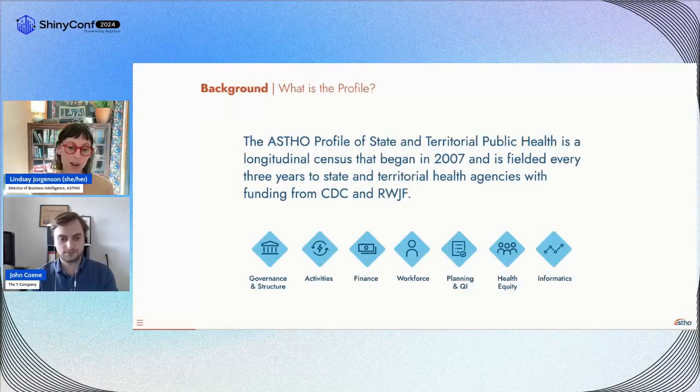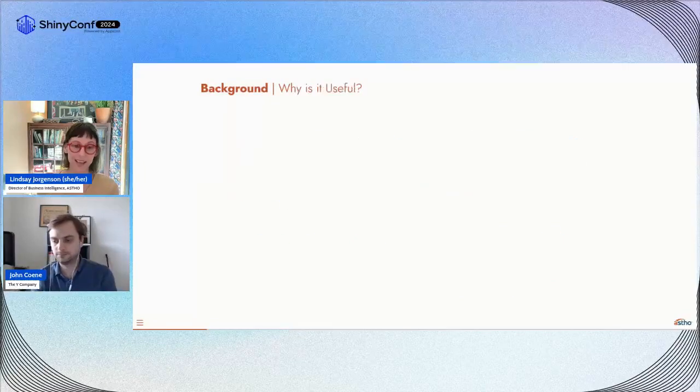We support essentially the person who runs state public health agencies and territorial public health agencies in the US. Every 3 years, we conduct a census of those agencies, and it captures infrastructural data on public health in the US. So why is this useful?